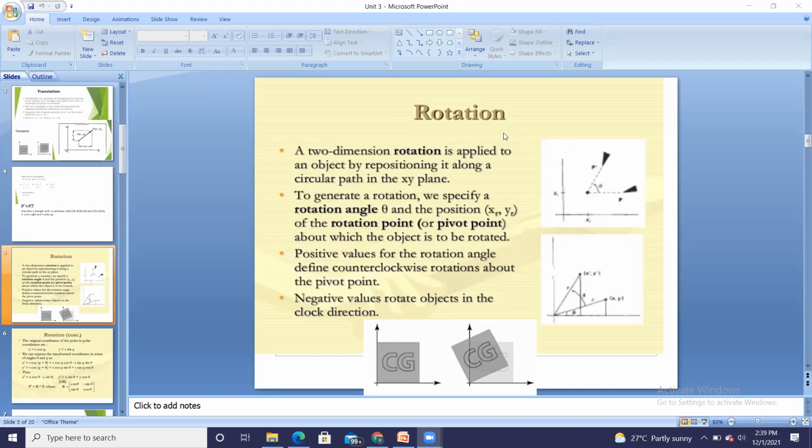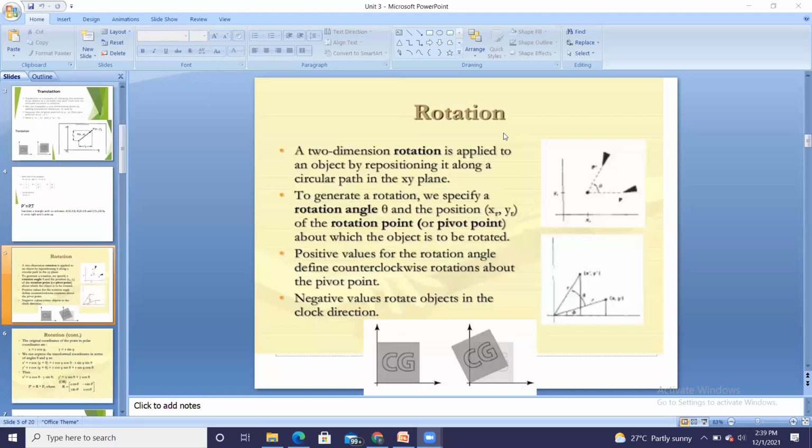For example, if we take the example of a clock, then the hands of the clock, maybe a second hand, a minute hand or an hour hand, are moving around the center of the clock, where all the hands are attached. So that is the center of the clock, and the hands are moving with some specific angle, right?